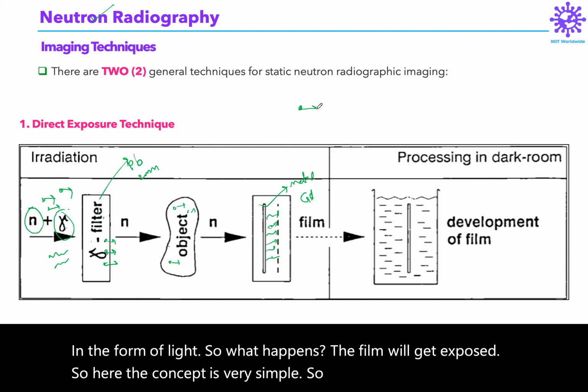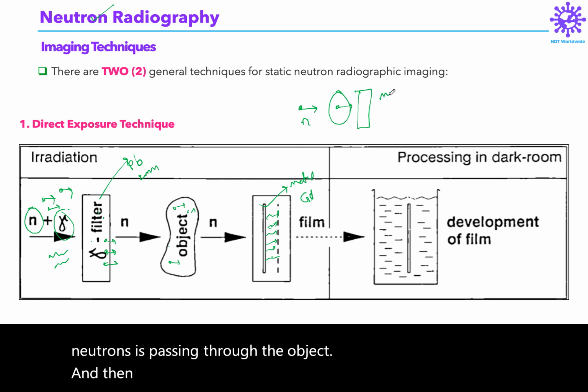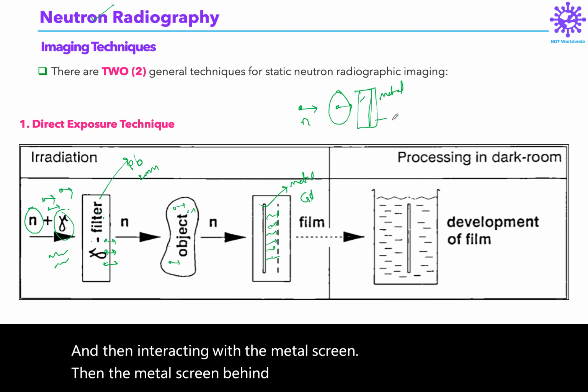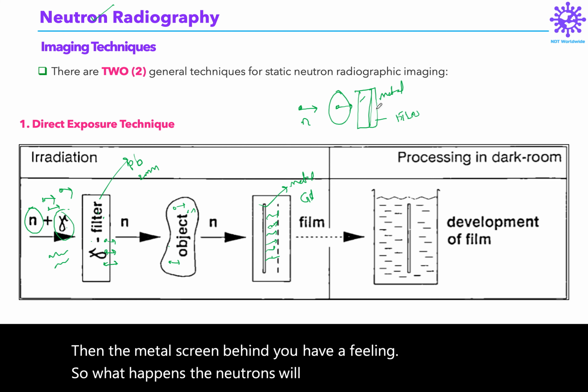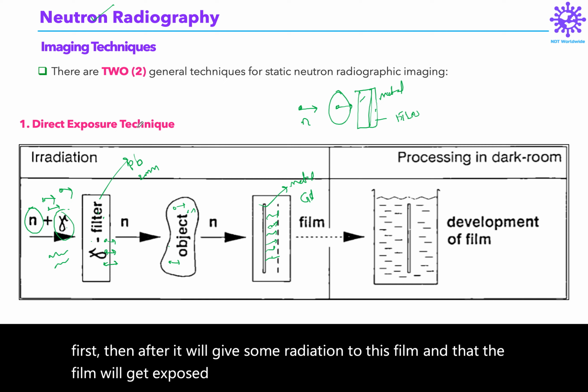The particles, nothing but neutrons, pass through the object and then interact with the metal screen. Behind the metal screen you have a film. The neutrons interact with the metal screen first, then it gives some radiation to this film, then the film gets exposed. This one we call direct exposure.